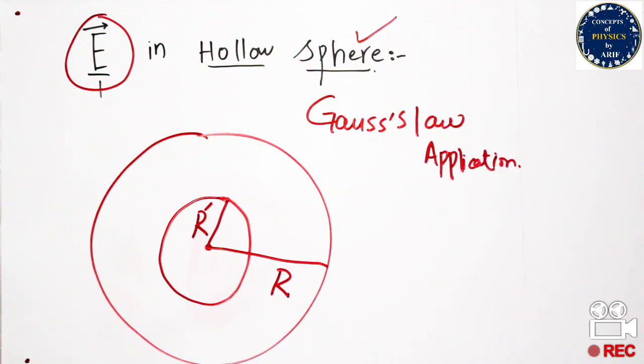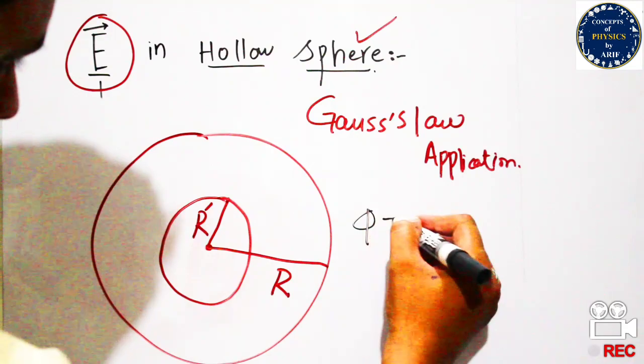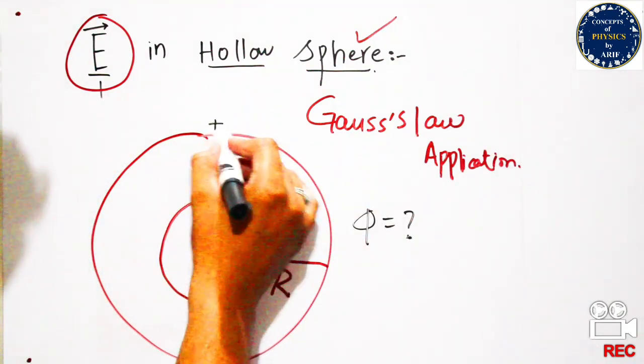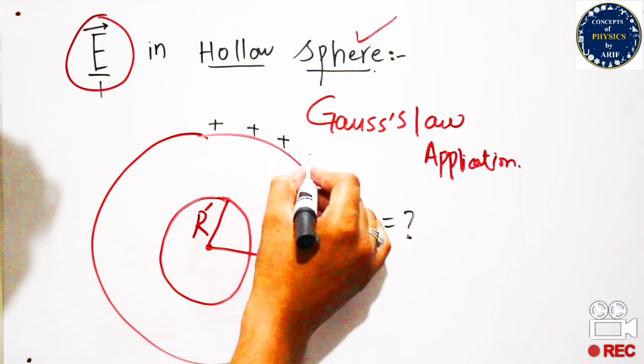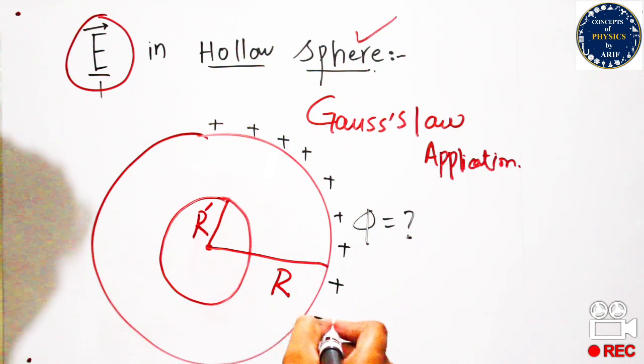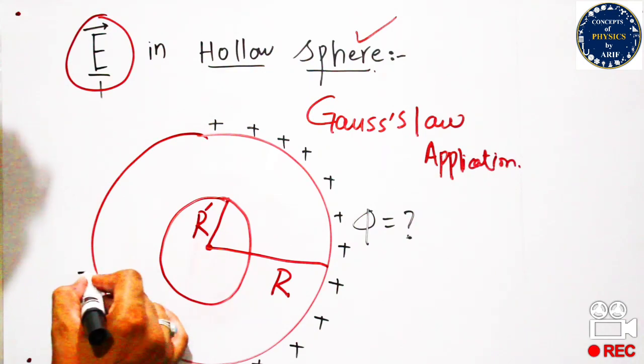As you have seen, R prime is less than R, because there are two spheres, one having radius R and one having radius R prime, and there is an equal distribution of positive charge on the boundary of the hollow sphere, which is the imaginary boundary.